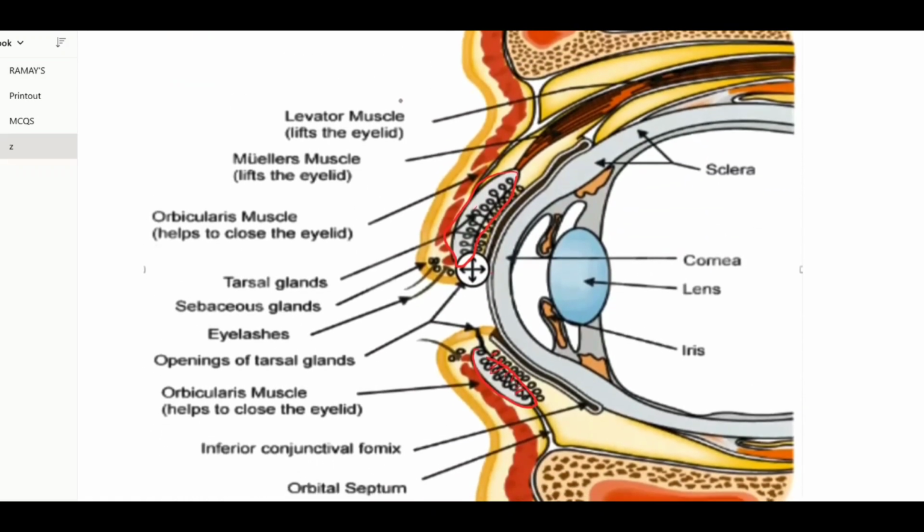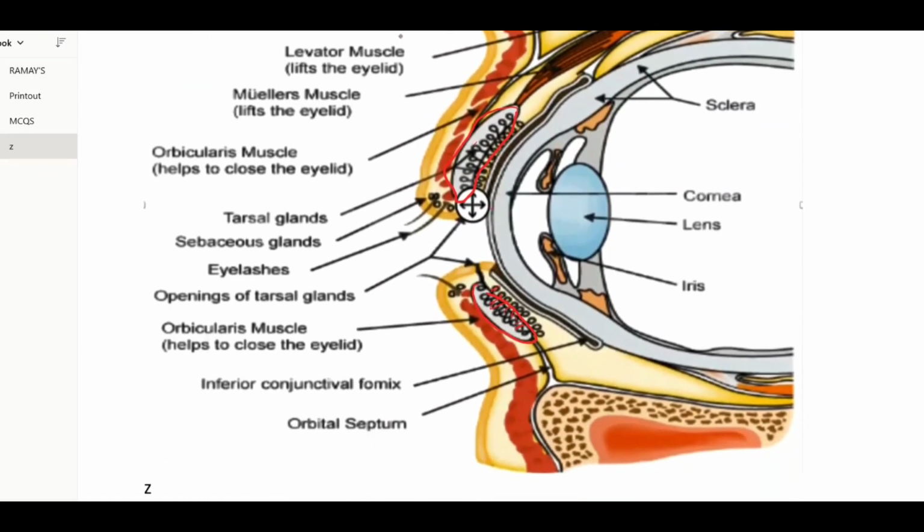In this diagram, we can also see the orbital septum. First of all, look at this whole structure, this is the orbital bone, and this white line, look here, this is the periosteum. This gives rise to a thick structure known as the orbital septum.